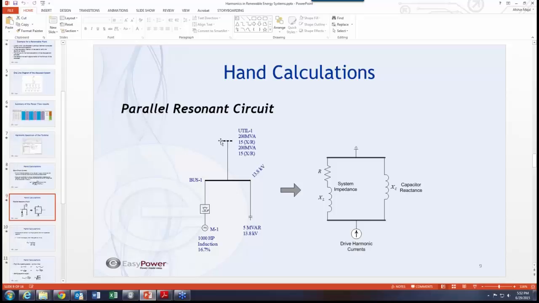So if you have a source of harmonic and you have a capacitor, you're likely to experience a resonance point, or your system might resonate at some point. How does it happen? If you look at the modeling, this is my system impedance. This is my source of harmonic going to this bus.